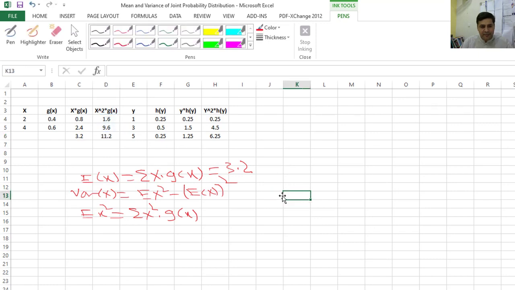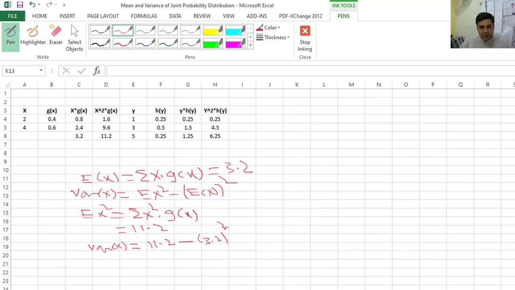This way you will calculate Ex square. We can easily calculate this value, which is Ex square, 11.2.